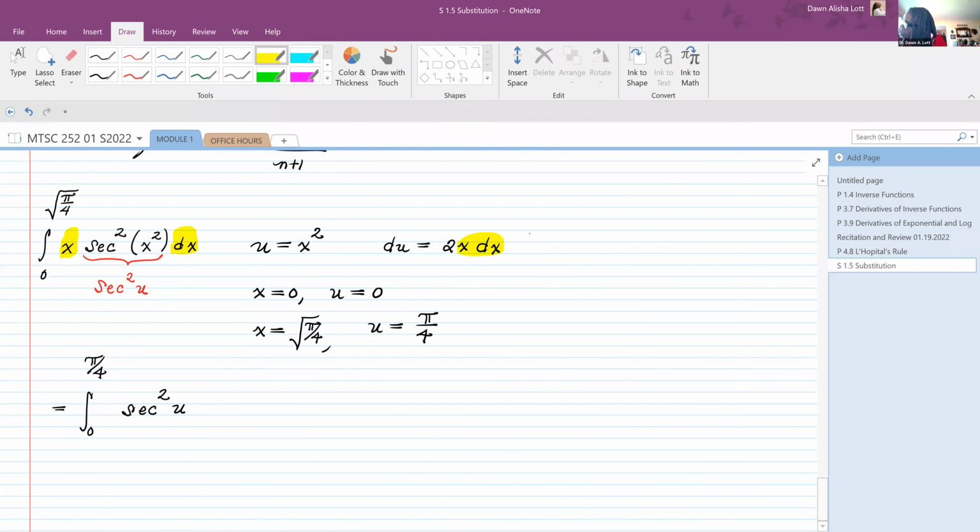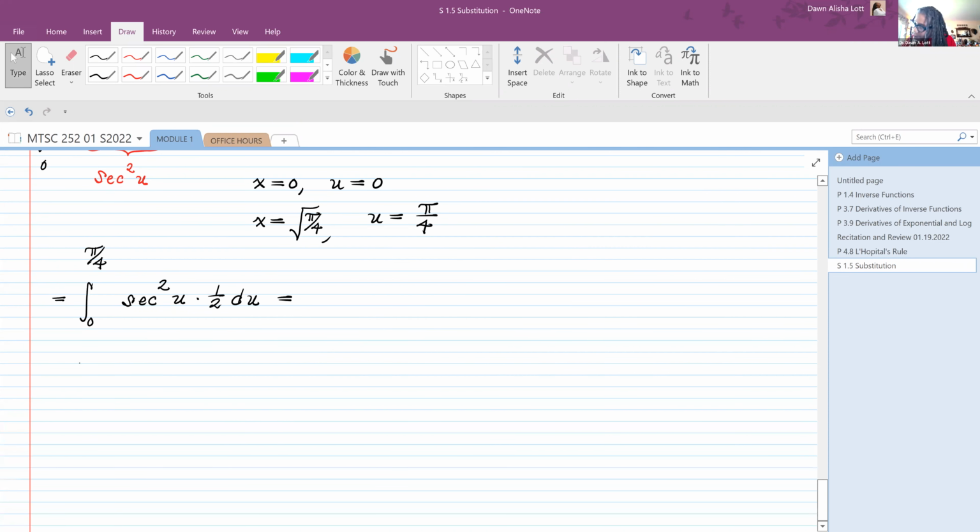So x dx becomes 1/2 du. So now I have 1/2 times the integral from 0 to pi over 4 of the secant squared of u du.